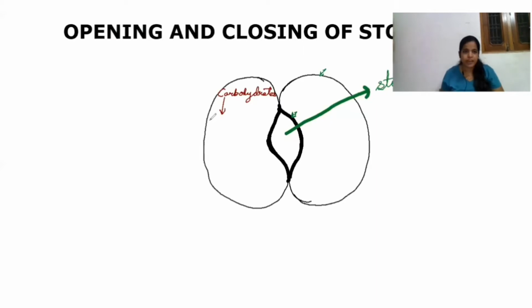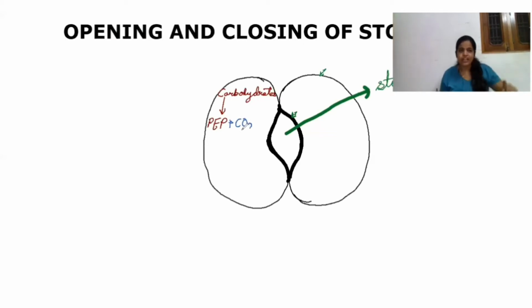What is PEP? Phosphoenol pyruvate. Phosphoenol pyruvate is formed from the carbohydrates by the use of various enzymes. We don't have to go for the complete reactions or enzymes; we just need to remember PEP is formed from the carbohydrates. Now, this PEP will combine with the carbon dioxide present within the guard cells, that is PEP combines with CO2.